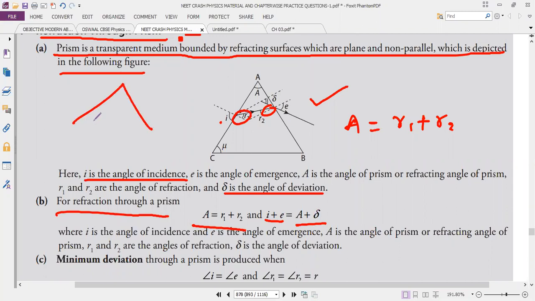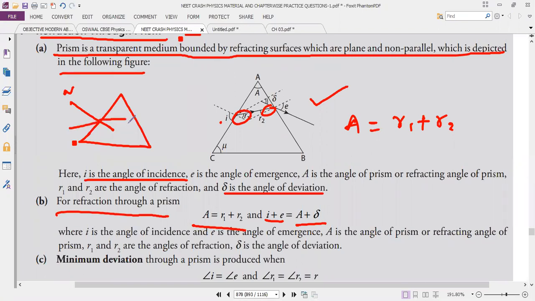So this is the prism. This is the normal, the incident ray.